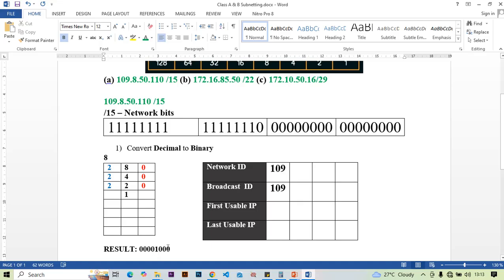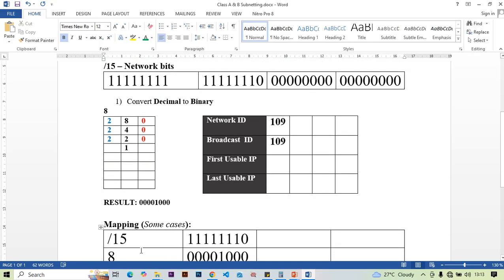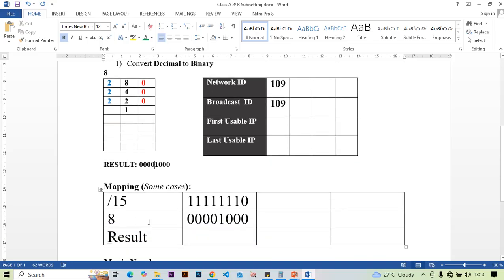Now, to find the value for our network ID, we have to map the value for /15, which is this particular octet here, against this value here. We're going to copy the /15 value here, and our 8 is here.